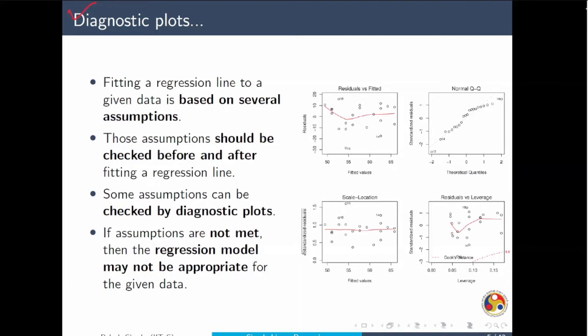Now, fitting a regression line to a given data, here the given data is related to IITG data science, is based on several assumptions. Those assumptions should be checked before and after fitting the regression line. Some assumptions you can check by looking at the data, that means before the analysis, and for some, once you fit the model, you can check whether those assumptions hold or not.